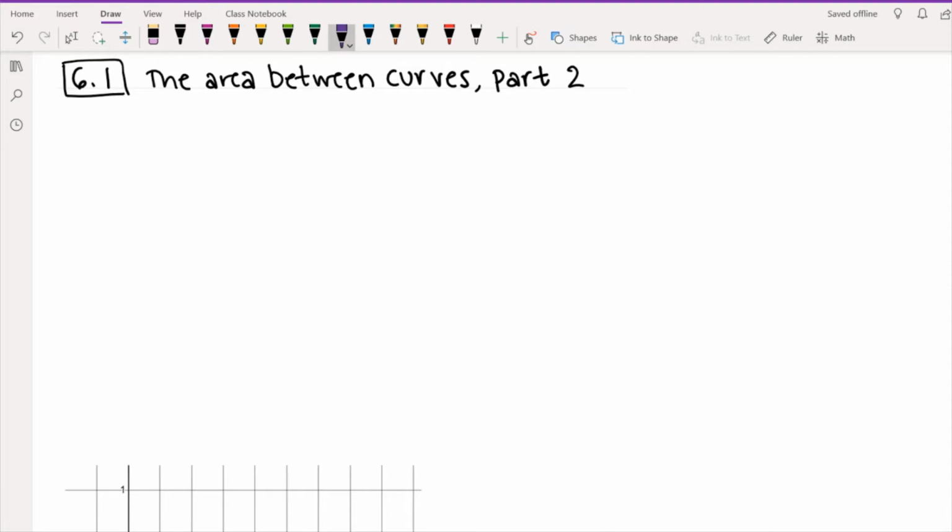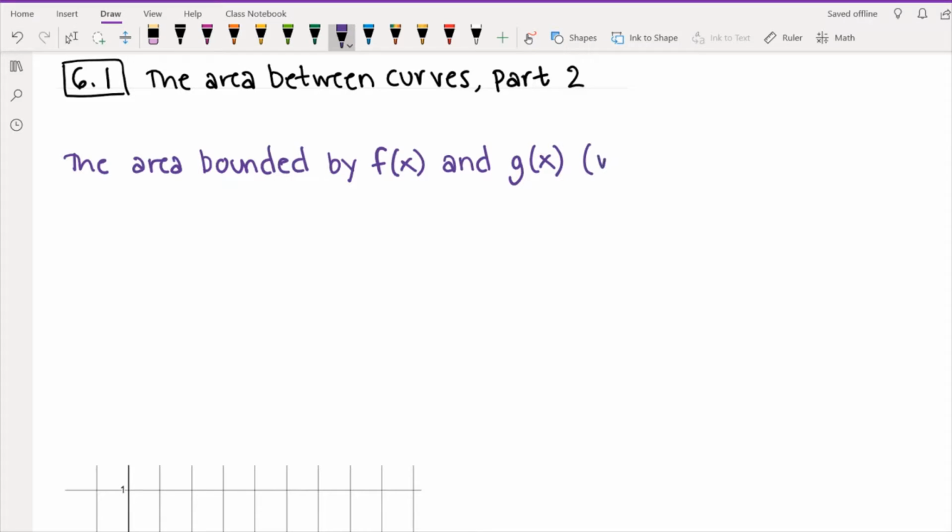from last time. So basically what we said last time is the area bounded by f of x and g of x, where f of x is the upper function. So f of x is greater than or equal to g of x.